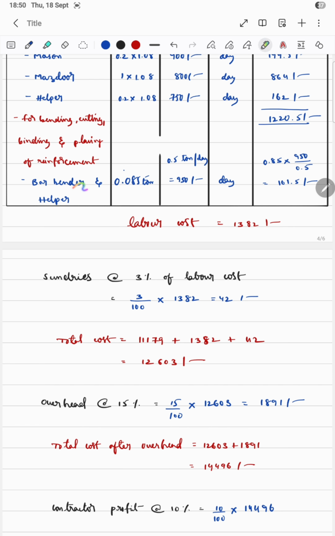These bar benders do only 0.5 ton of work per day, and per day they get 950 rupees. Our total work is 0.085 tons, so we multiply with his rate and divide by the amount of work he does per day, and we get 161.5 rupees. The total labor cost is 1382.